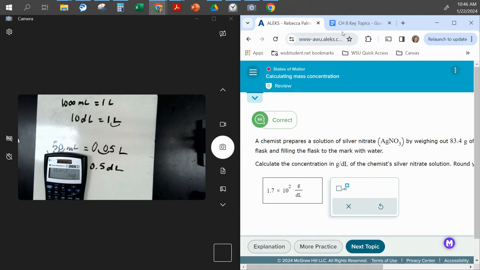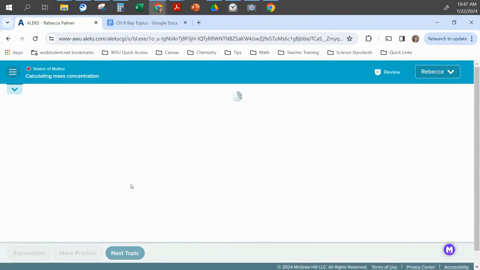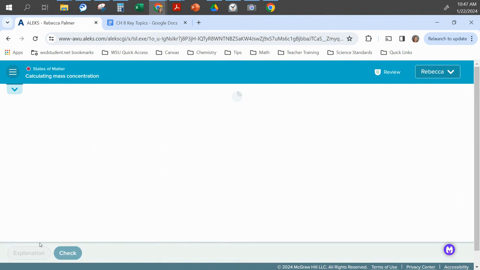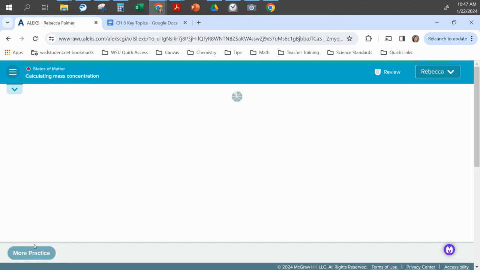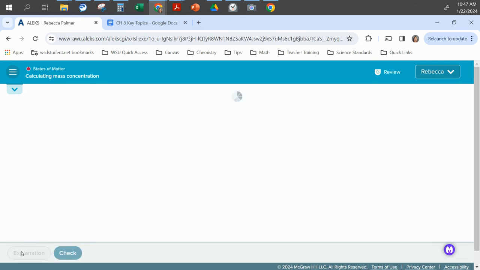All right. I know there's at least one more that's more tricky than this, so let's see if we can find it. Deciliters. We already did deciliters. We're going to skip this one. I think there's microliters. Okay, that one's easy. Grams per milliliter. Has anyone got a microliters yet? Okay, maybe there isn't one.